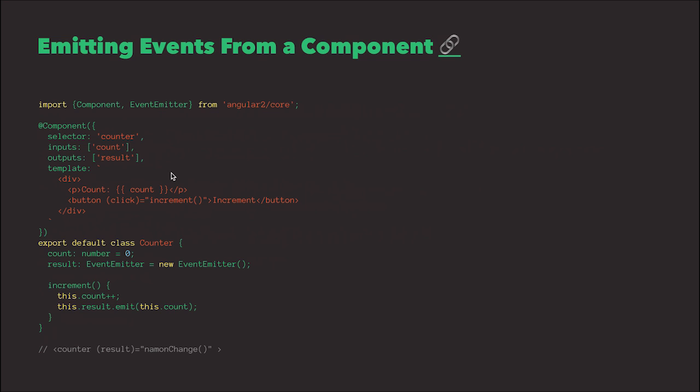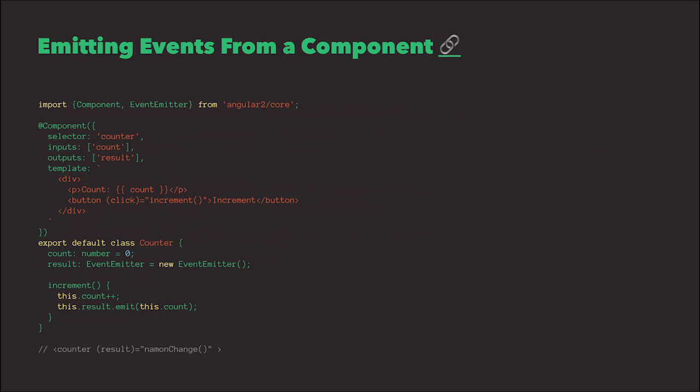In this case, it's similar to the previous example. You have a number within this component, and every time the user clicks the button, that number increments by 1. And all we're doing now is propagating that new number out of this component.